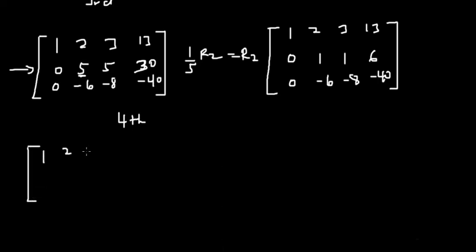So we have 1 2 3 13, then 0 1 1 6, and then 0, minus 6, minus 8, minus 40. So from here you can notice that since this is a leading one, we have to make every value beneath it equal to 0. So this has to be converted to 0.